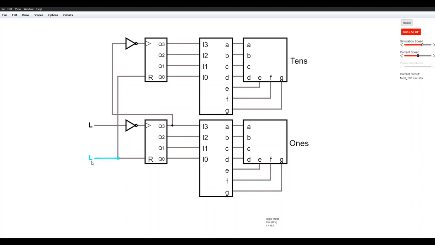So this is the asynchronous reset. I just place it as high to reset the counts here. Okay, and every time I toggle here from high to low, it increments. High to low, 5, 6, 7, 8, 9, and then 1, 0. And then we don't need to worry about 100, because right after 99, it goes back to 0, 0.